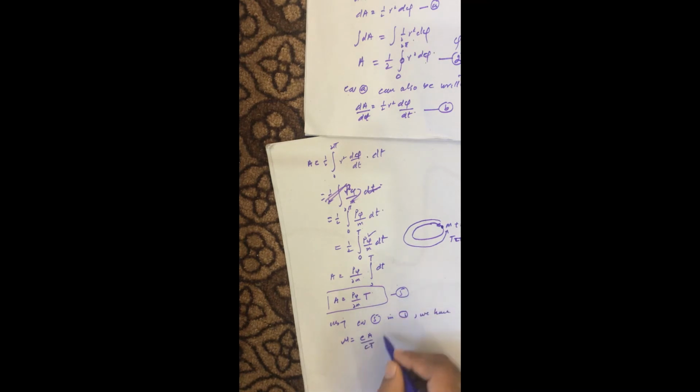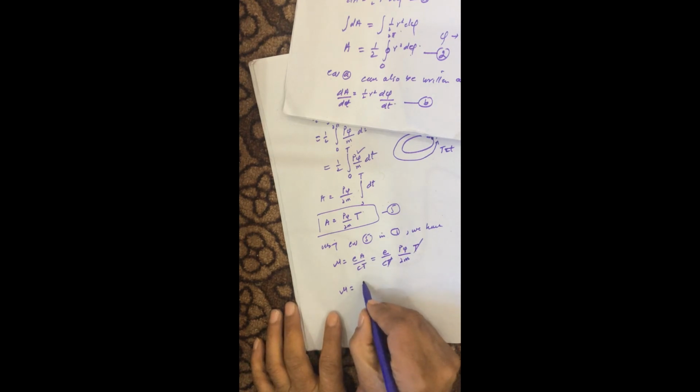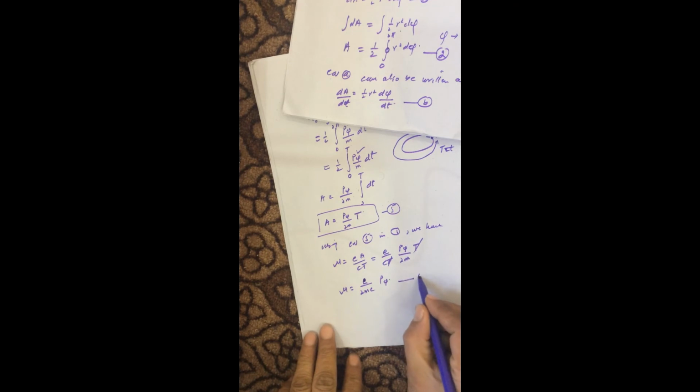So using equation 5 here, we have E over cT times area, which is P of phi over 2m into T. So T cancels with T. We are left with mu equal to E over 2mc into P of phi. This is equation number, let's suppose, 6.